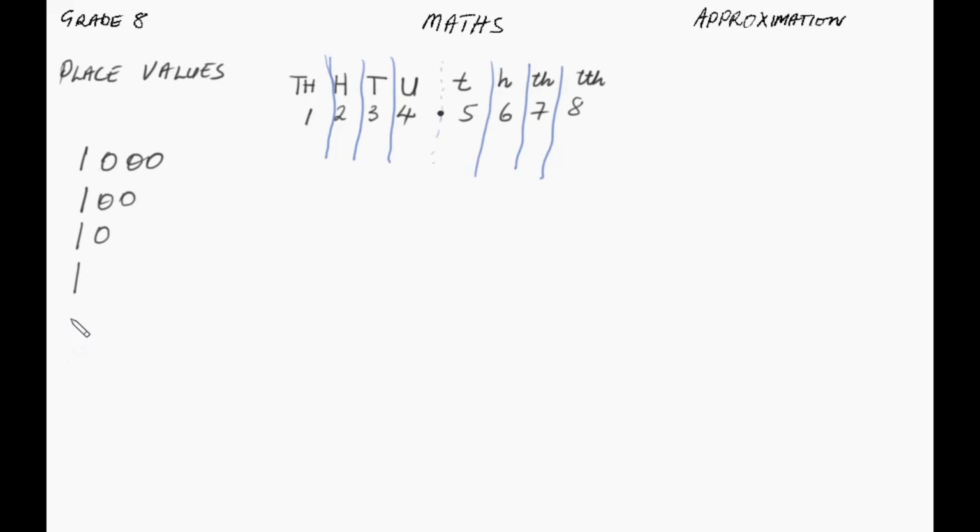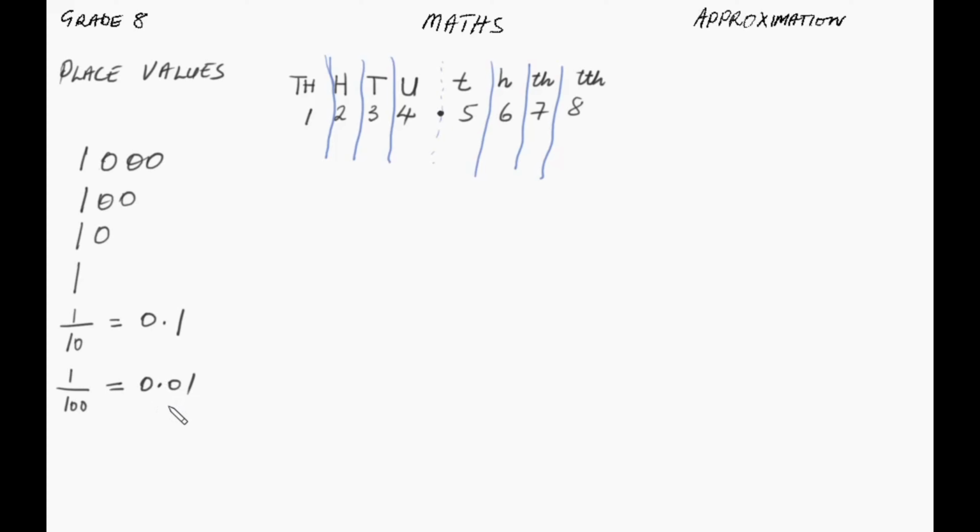When we talk of a tenth, we are talking about 1 over 10, which is basically 0.1. When you talk of a hundredth, we are talking about 1 over 100, which is equal to 0.01.